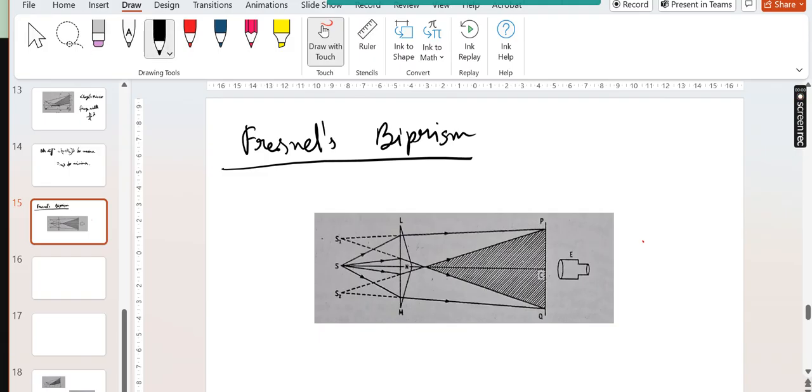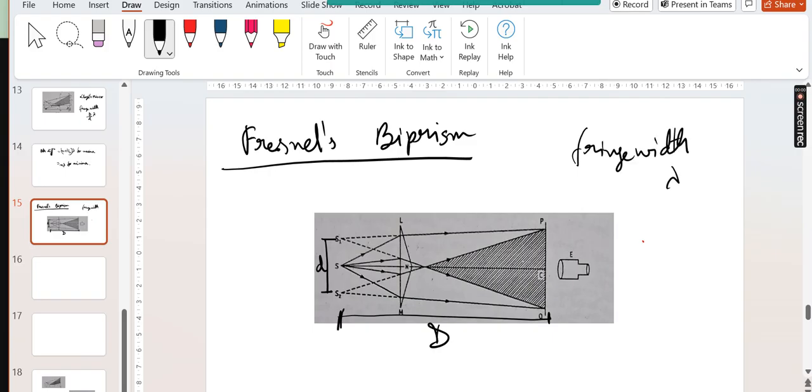So this is the distance between two virtual sources, that is S1 and S2, that is small d, and this is the distance between the source and screen, capital D. So here also the fringe width is D lambda by small d.